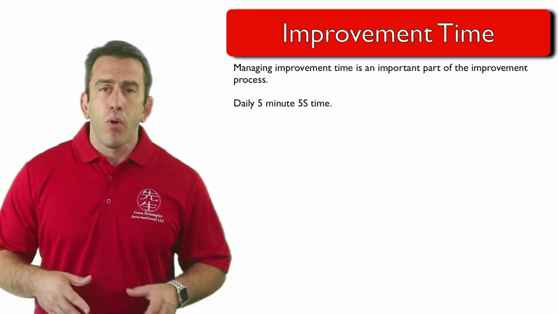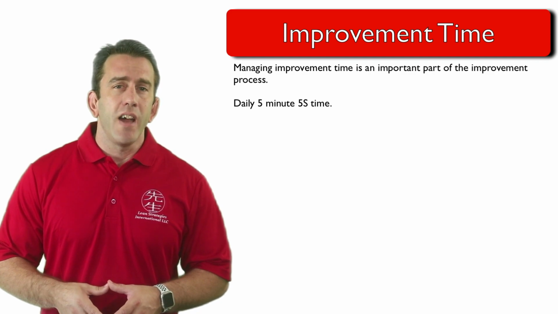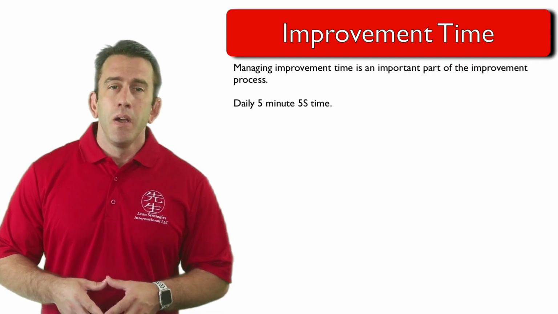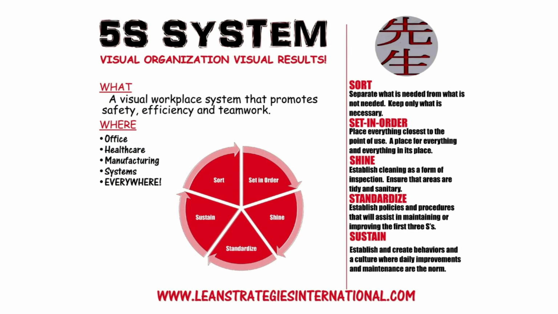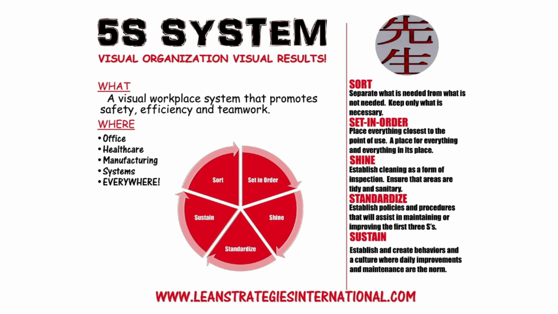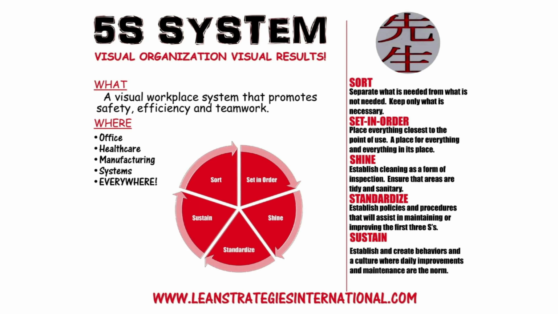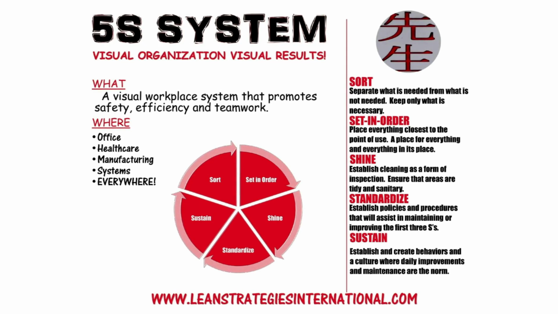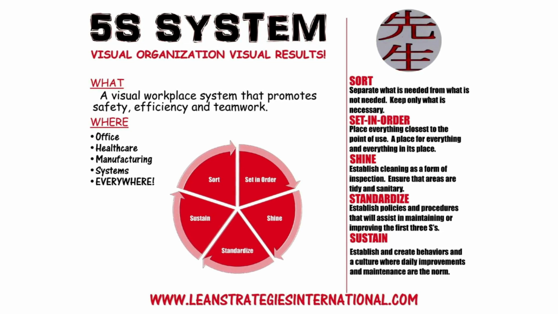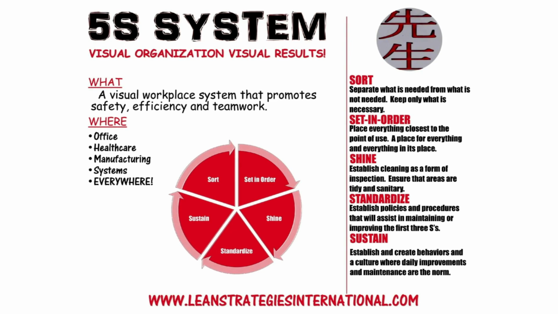A lot of people will start with daily 5-minute 5S time. What this means is that 5 to 10 minutes of every day is devoted for every individual to sorting, setting in order, shining, standardizing, and of course sustaining the changes every day.